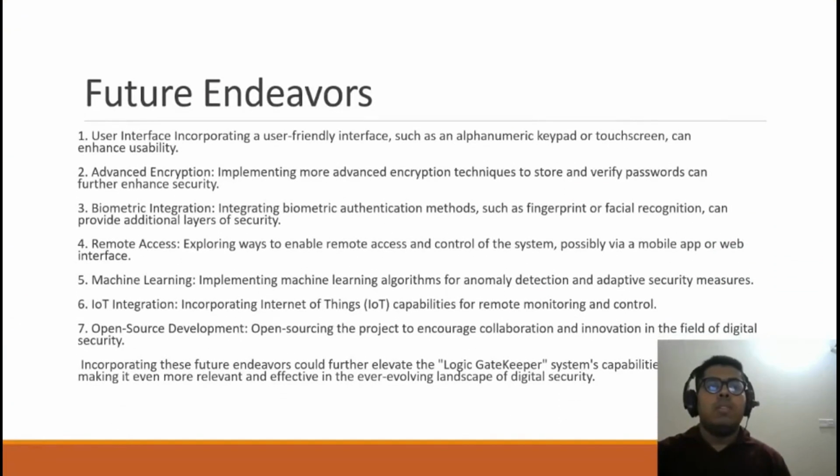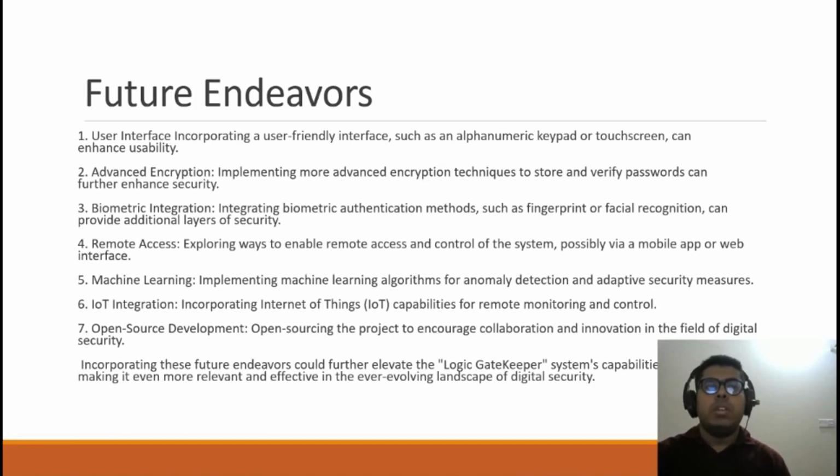This project has many future endeavors. User interface: incorporating a user-friendly interface such as an alphanumeric keypad or touchscreen can enhance usability. Advanced encryption: implementing more advanced encryption techniques to store and verify passwords can further enhance security.